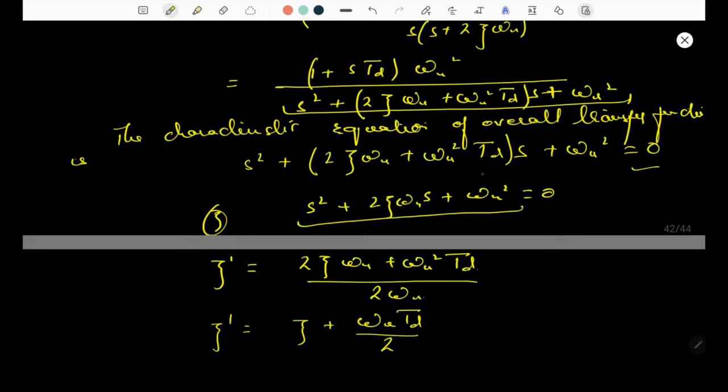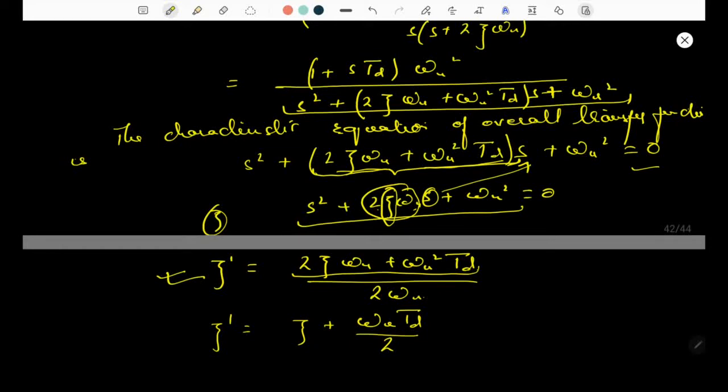So from here you can see what zeta should be. Consider the coefficient of s, put it equal to 2 zeta omega n. From here you calculate zeta, so you will get 2 zeta omega n plus omega n square TD, divided by 2 omega n, so this zeta dash will become equal to this.